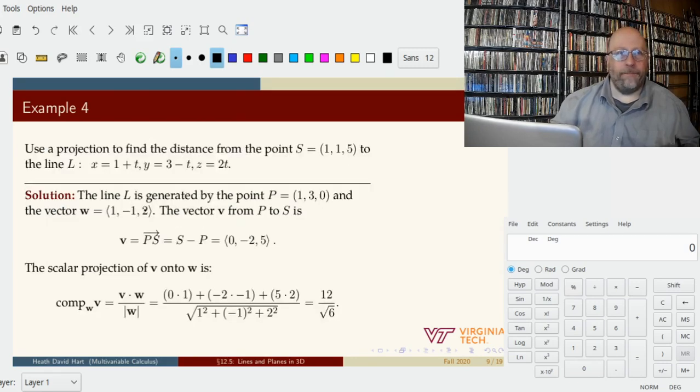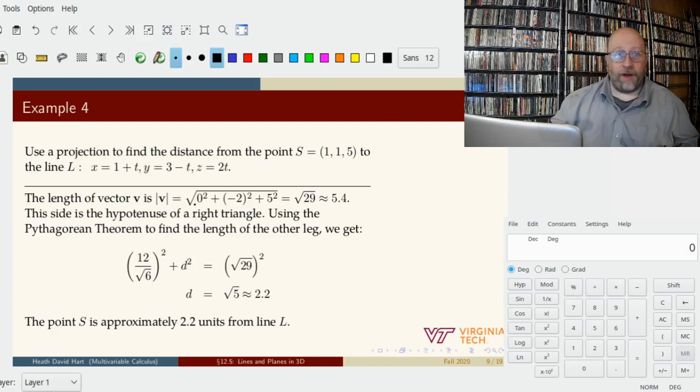All right. So just summarizing here, the line is generated by this point and this vector. The vector that goes from P up to S has these coordinates, and the scalar projection of this vector onto this vector is the dot product over the magnitude of the vector that is being projected onto. So that's 12 over square root of 6.